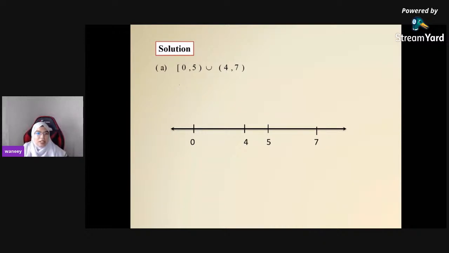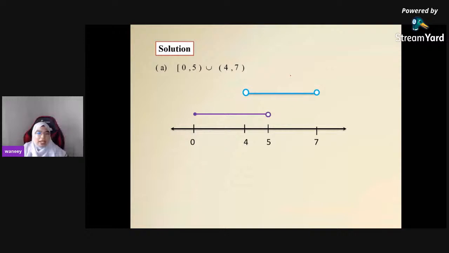So the first line is 0 up until 5. As you can see, at 0 this is a dense circle, and at 5 this is an empty circle. And then we have another number line, 4 until 7.